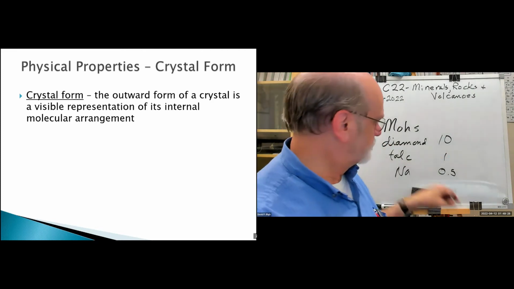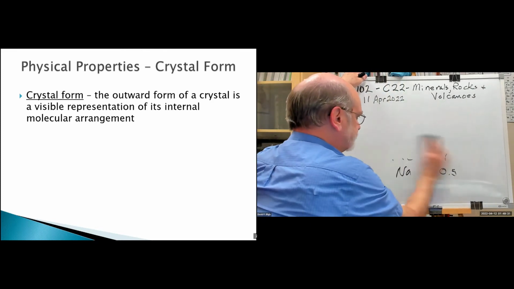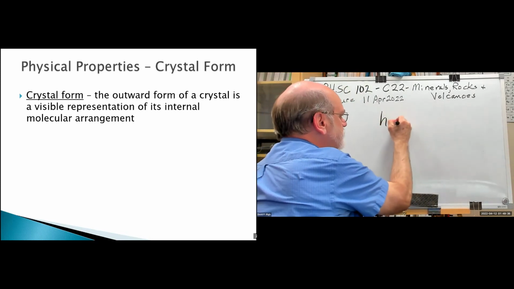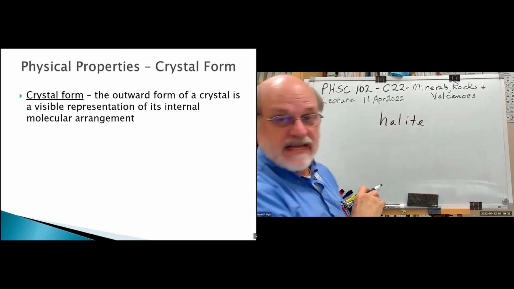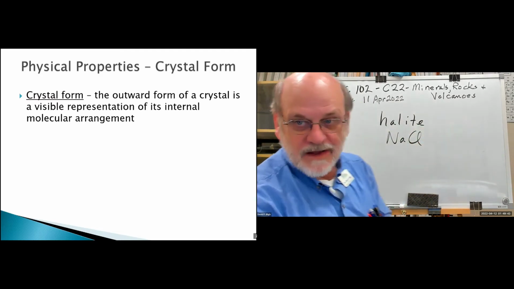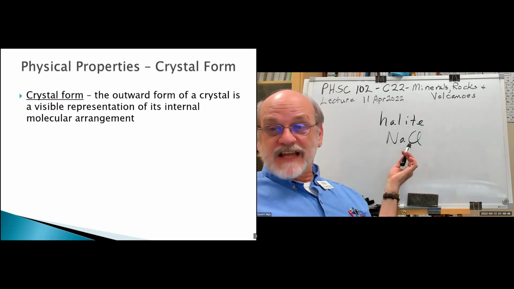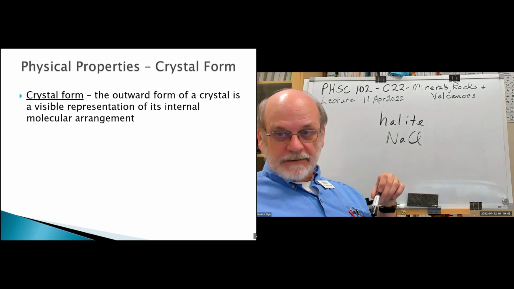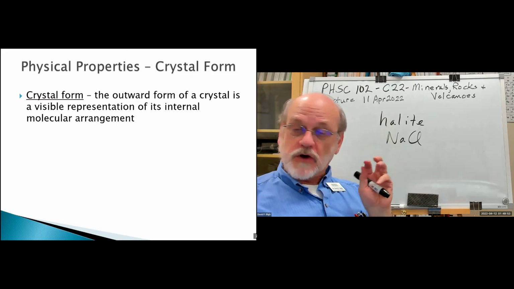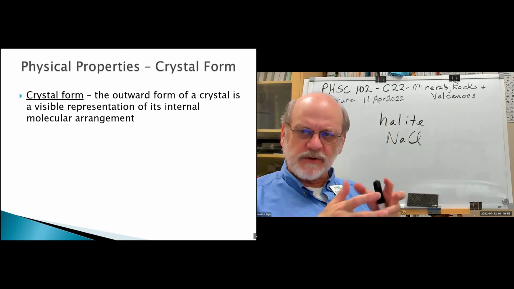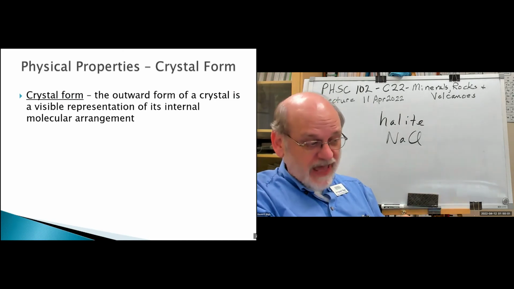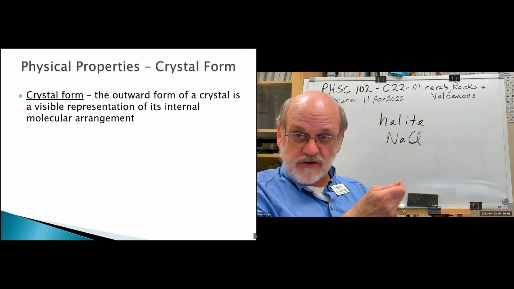For instance, the mineral halite is composed of sodium and chlorine. You may recognize that as table salt. So what is the structure of table salt? If you spill table salt on a tabletop and look at it with a magnifying glass, you will see a definite structure there.